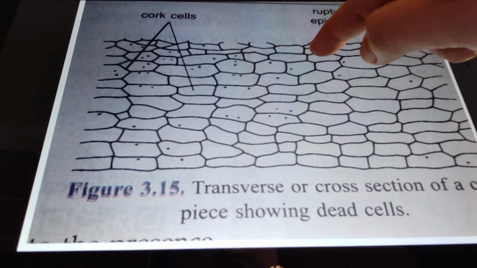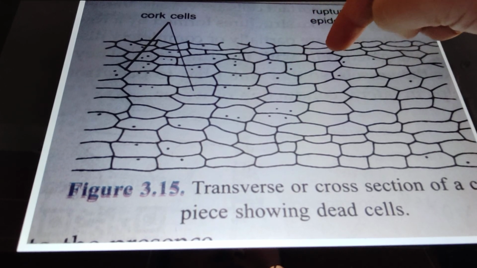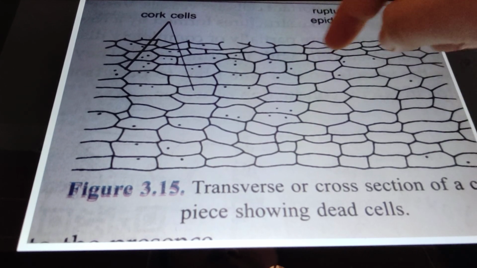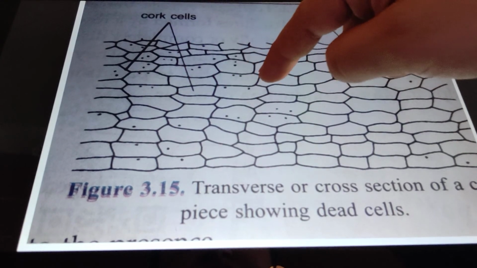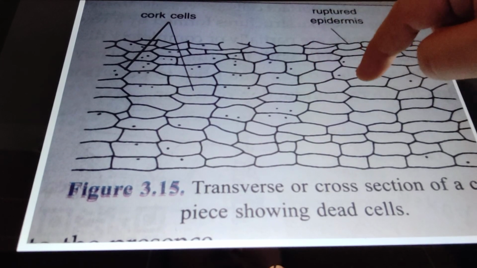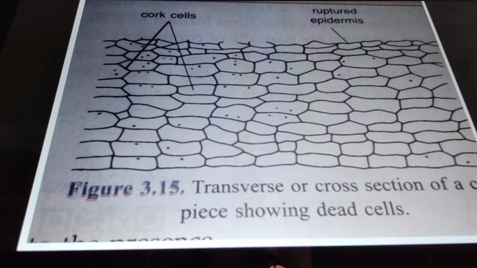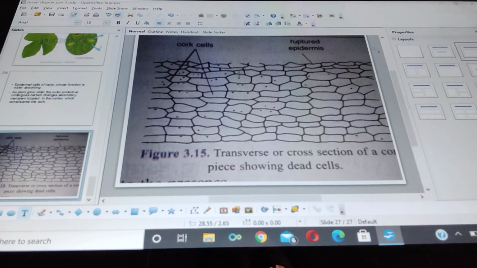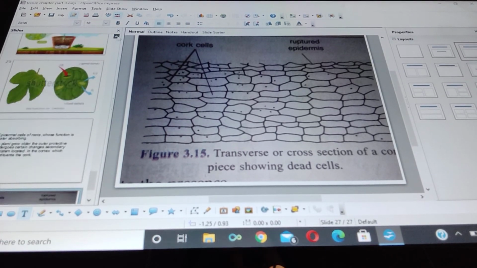As a plant grows, slowly this layer gets ruptured, and inside are the tissues, meristematic tissue, which we call secondary meristematic tissue, which is responsible for the growth of the plant. So children, this is all about the epidermal cells, or we can say epidermis tissue.